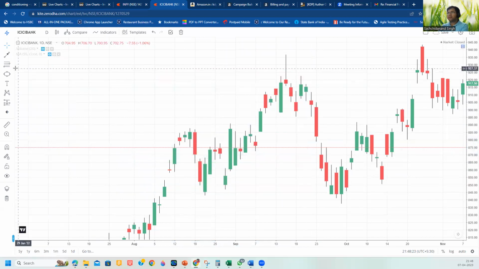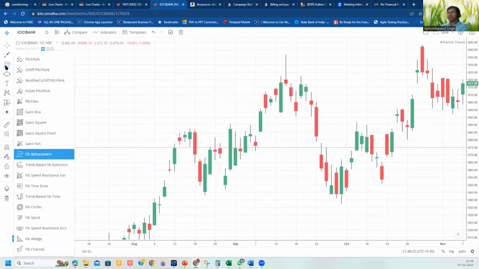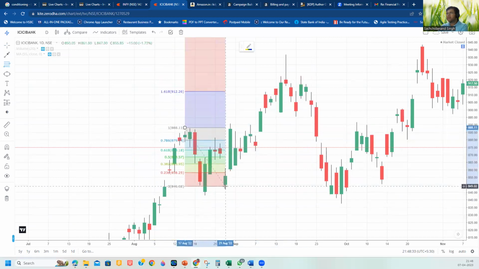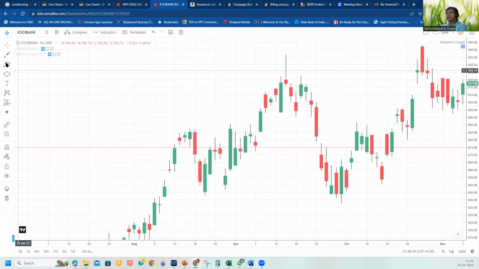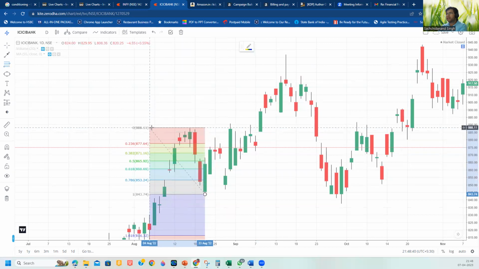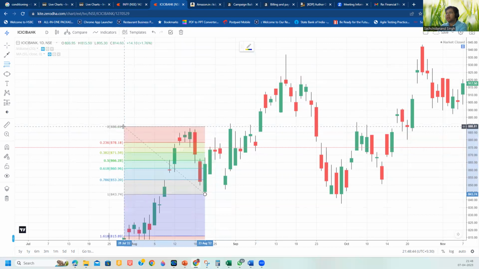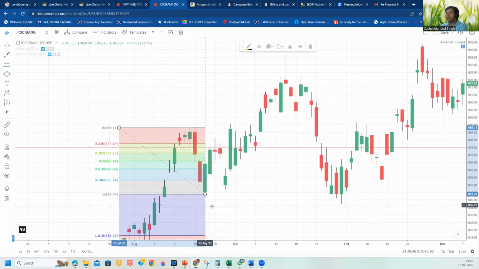Okay. So when I select fib retracement once here, so when price is moving up, let me just see once again, not this. I need to keep it in a this way.